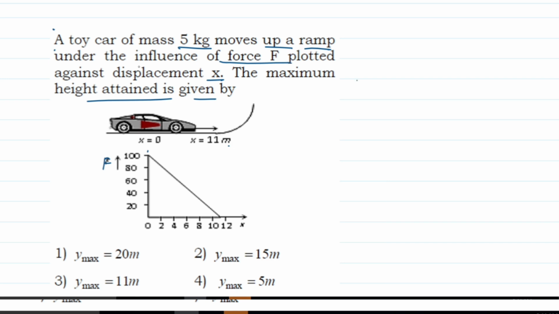So here work done is nothing but the gain in potential energy of the car. Work done is the area under the force-displacement curve, which is nothing but the gain in potential energy of the system, mg into h maximum, as the car moves to a certain height.